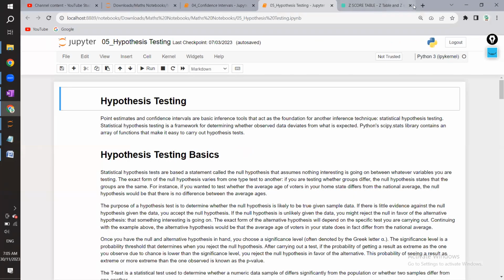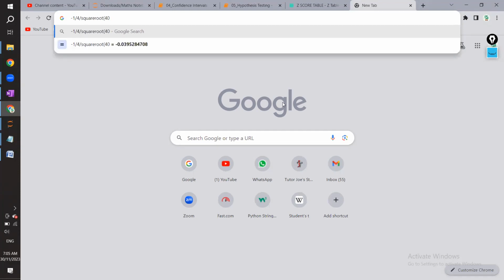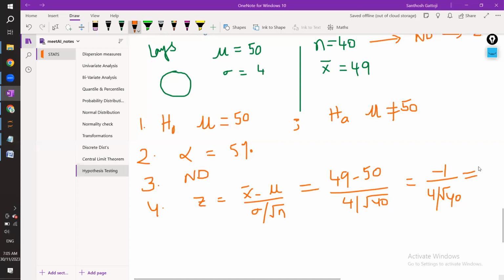How much will it be? Minus 1.58. Okay guys, our Z test statistic is minus 1.58.